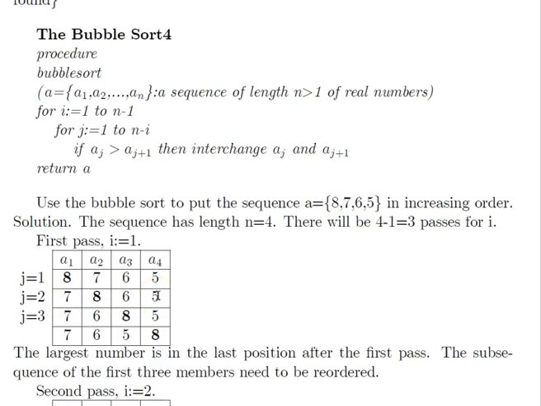Then the inner for loop is executed for j equals 2.